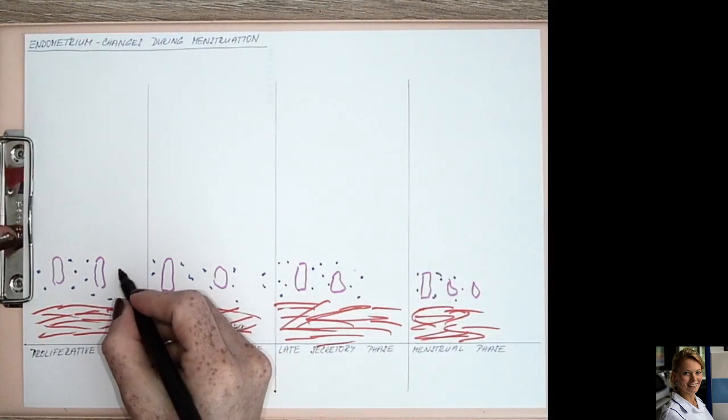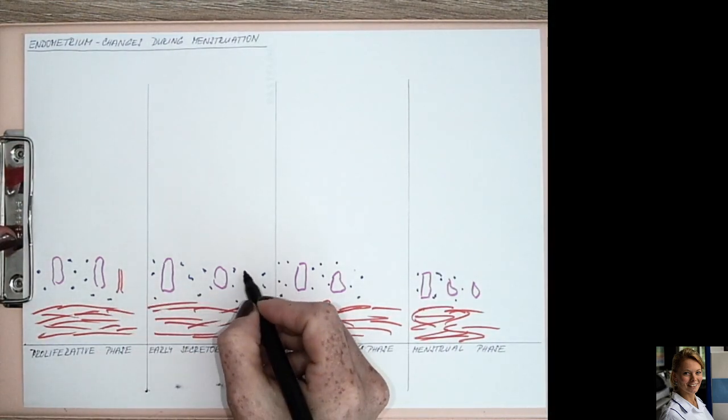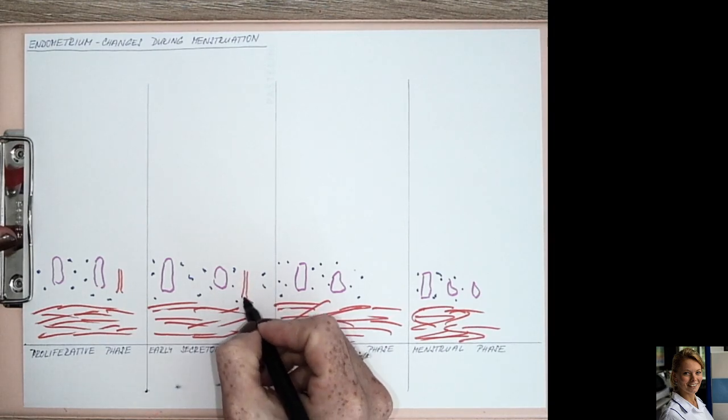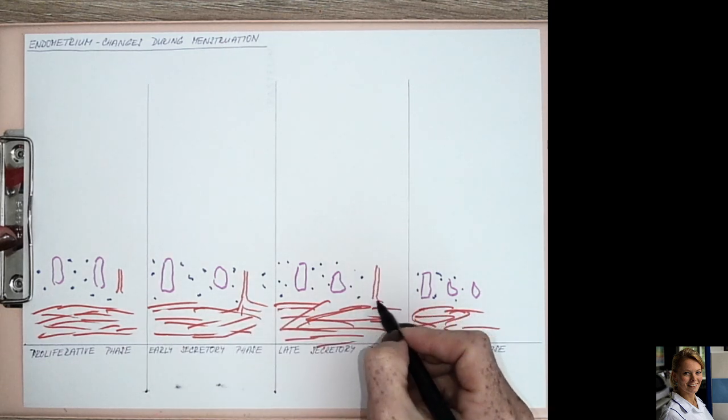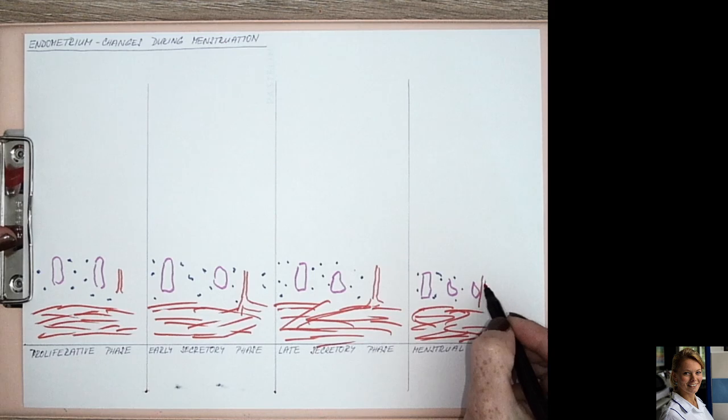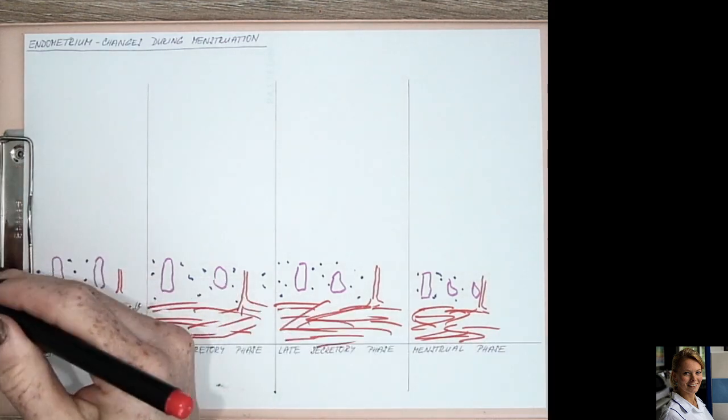So here are straight branches of blood vessels. Straight.